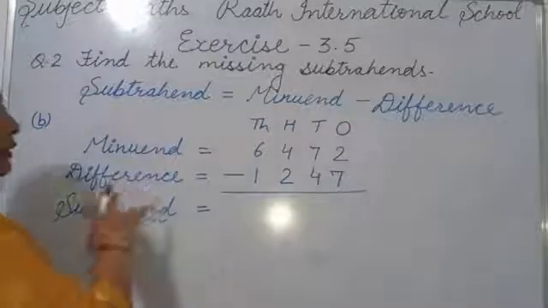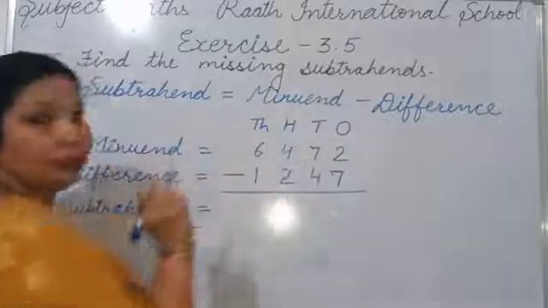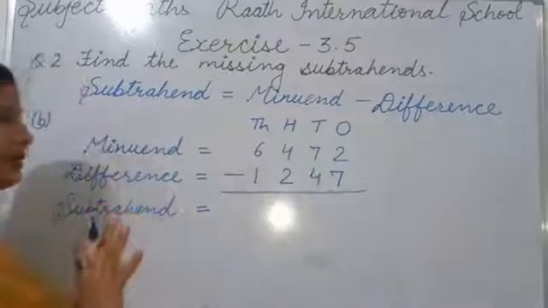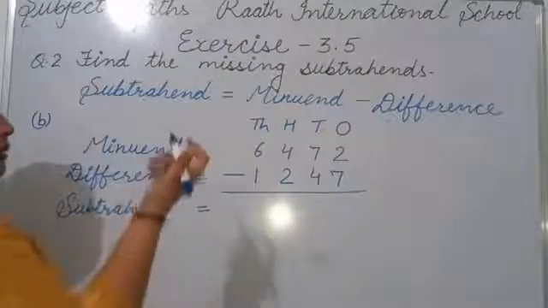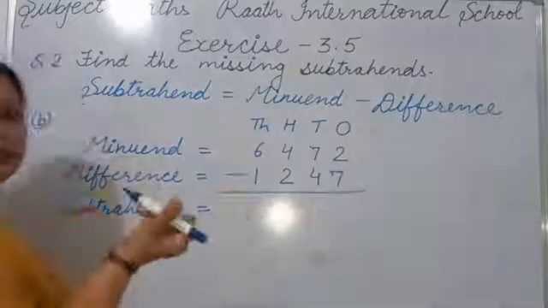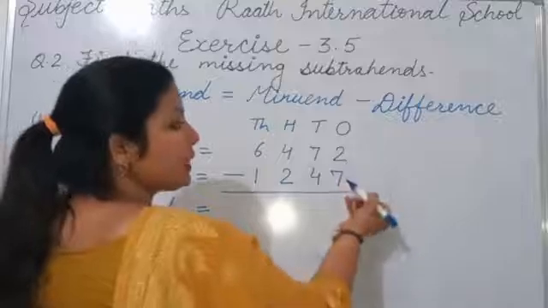Now we do B part. Here the minuend is 6472 and the difference is 1247. Now we find the subtrahend. The method for the subtrahend is minuend minus difference, so here we will use the minus symbol. Can we subtract 7 from 2?